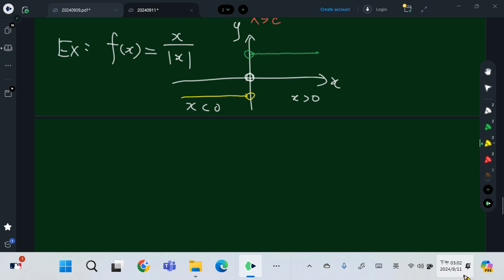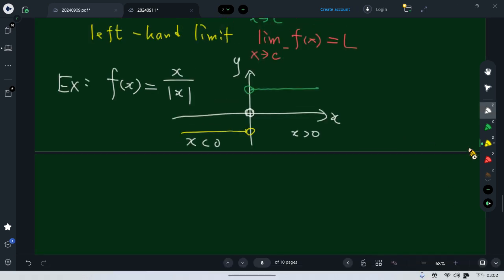So we can see the limit as x approaches 0 of f of x does not exist. Why does it not exist? Because from the right-hand side, the answer is 1. From the left-hand side, the answer is -1. This is +1, this is -1.